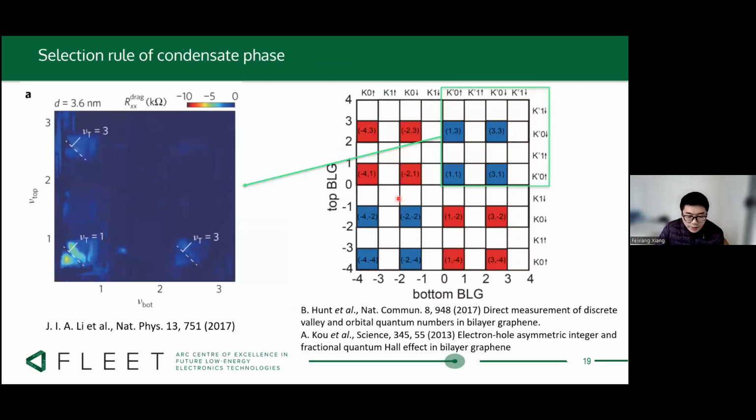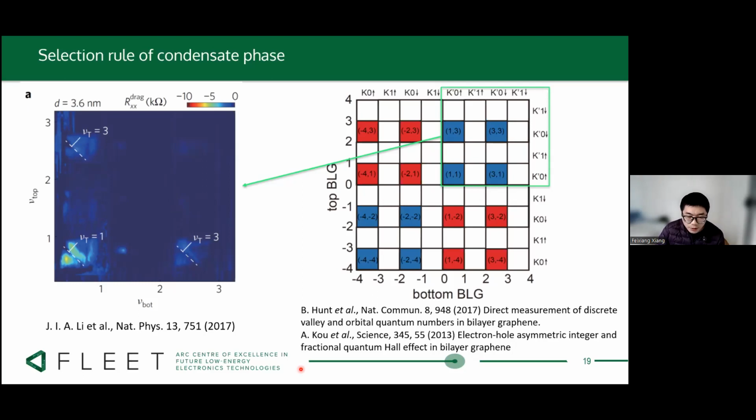So to understand this selection rule, we need to look back at the zero energy Landau level of bilayer graphene. The zero energy Landau level has 8-fold degeneracy. Although the lifting of the 8-fold degeneracy has been observed in various experiments, so far the work to figure out the quantum number of each quantum state is limited to capacitance measurements.